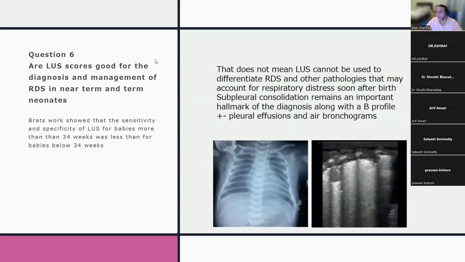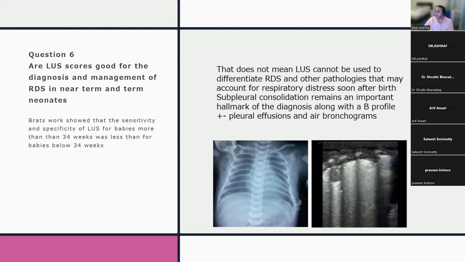The last thing that I want to talk about is whether our lung ultrasound score is good for the diagnosis of RDS in near-term and term neonates. Well, if you remember Brad's paper, it showed that the sensitivity and specificity for lung ultrasound in the diagnosis of babies who were more than 34 weeks was not as good as if they were less than 34 weeks.